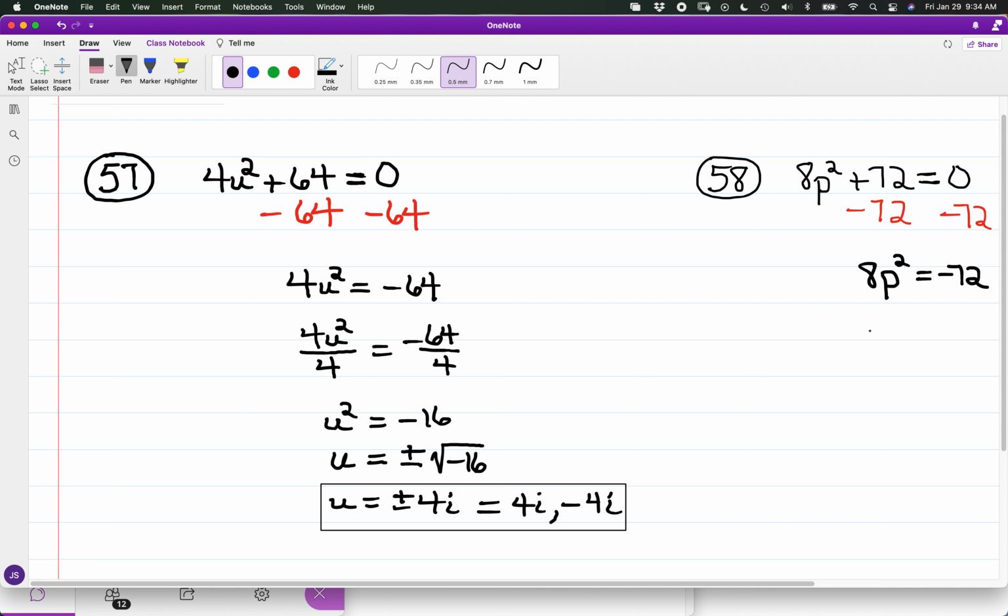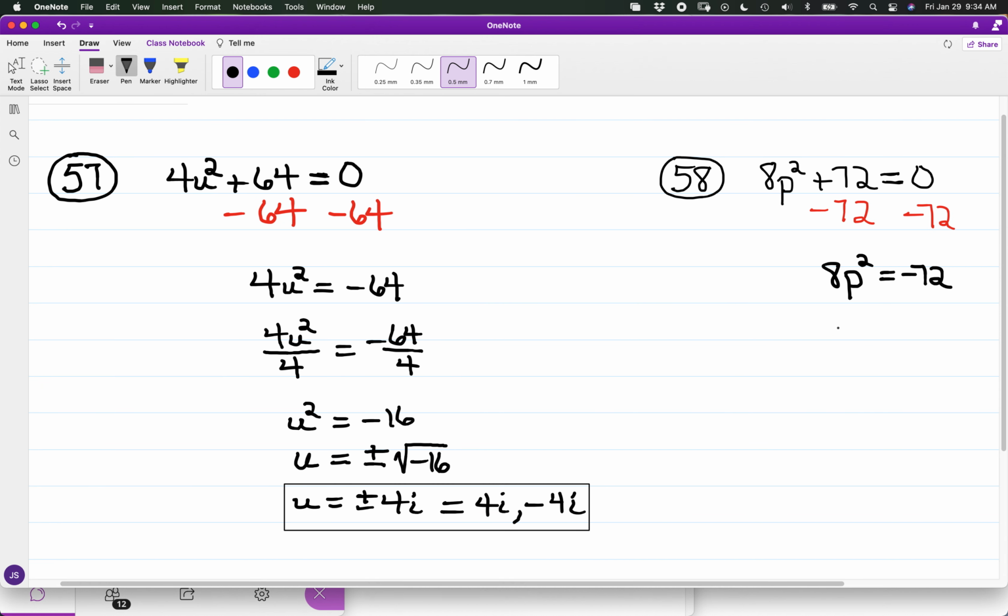Isolating p squared, if I divide both sides by 8, I'm going to have p squared is equal to negative 9.